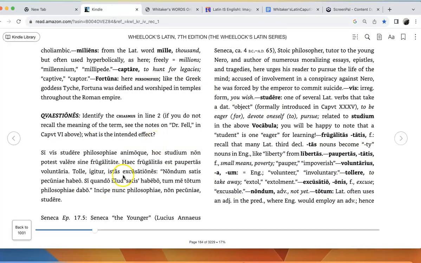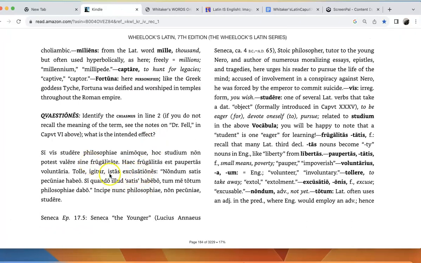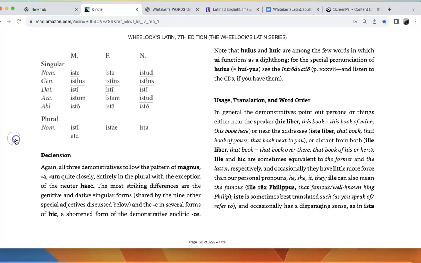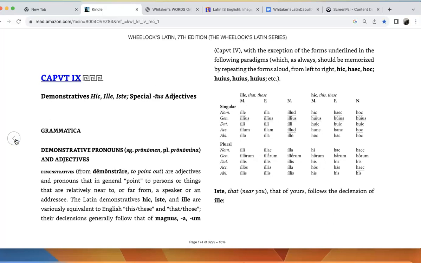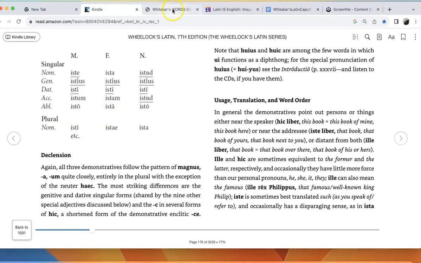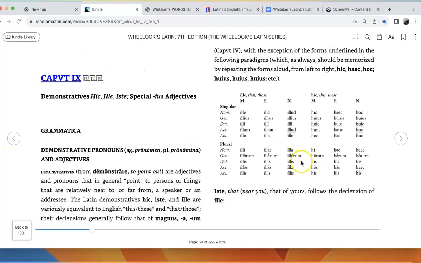So if we go back to those excuses, notice the istas, that's going to be plural. So if we go back to our, let's see, this one, right here. So istas, actually they don't give us that right here, but we have to follow the rules here. And where is it at right here?